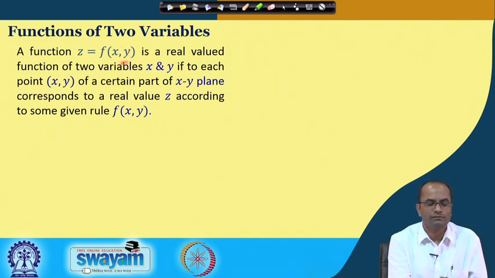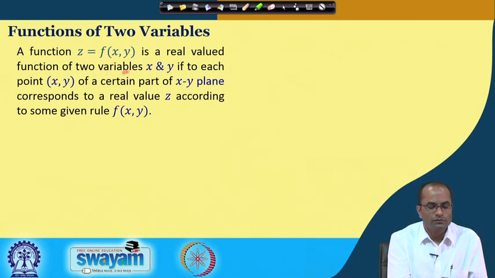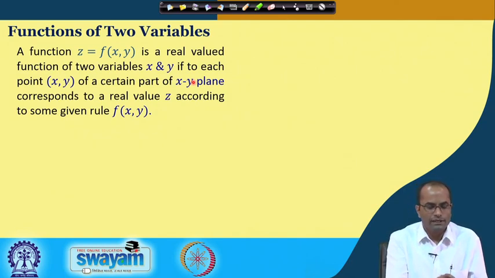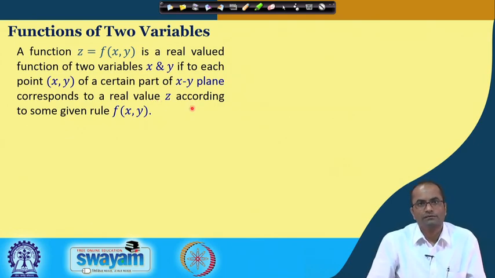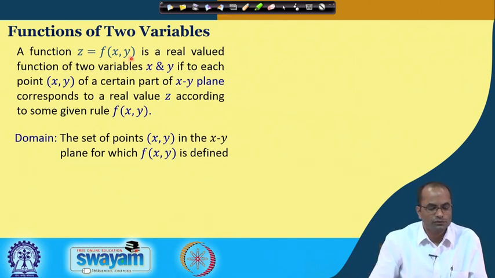So, it is a real valued function of two variables x and y if to each point (x, y) of a certain part of the xy plane, which is called the domain of the function, we assign a real value z according to some given rule f(x, y). Then we call this function a function of two variables.